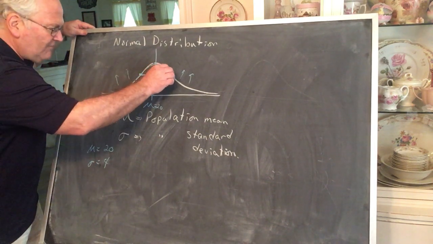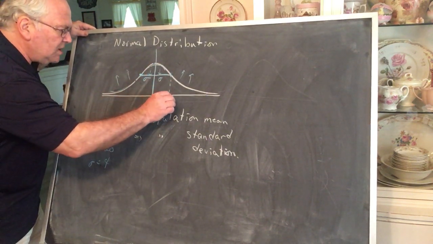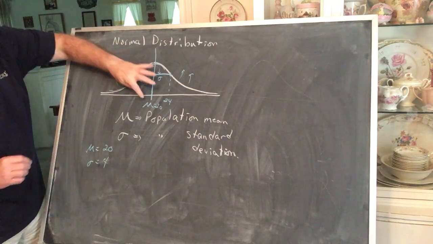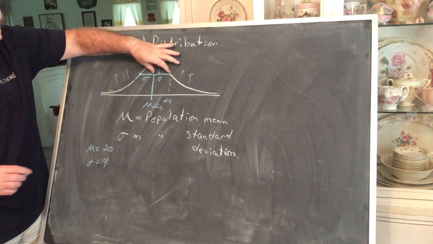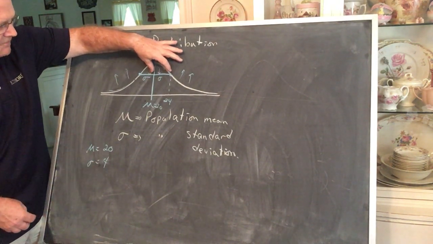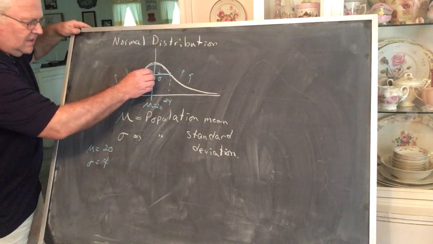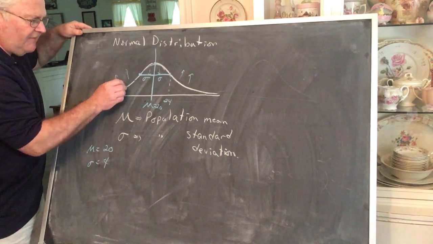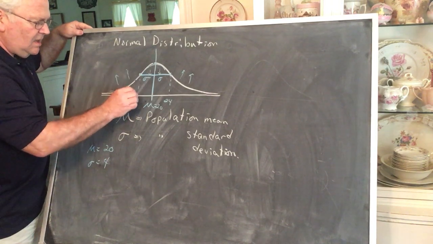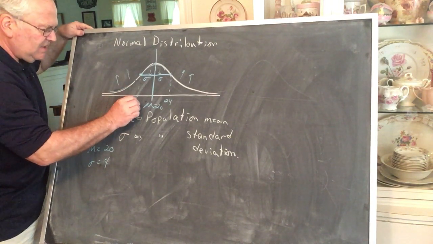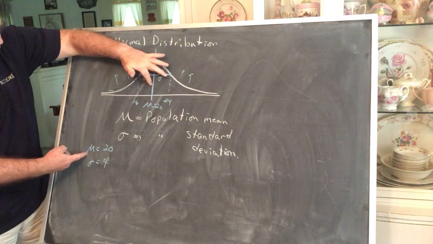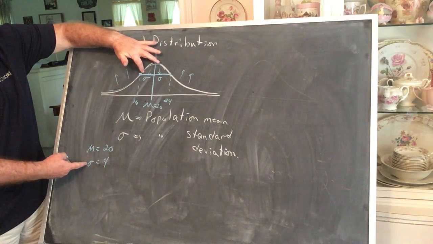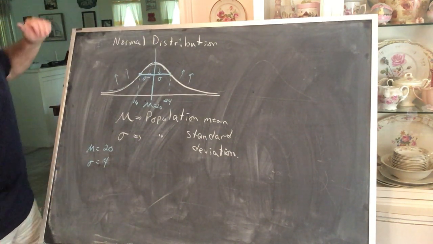And so that value would be 24, the mean plus 1 standard deviation. That's 20 plus 4 is 24. And then the distance to where this changes concavity on the left is also 4 units. So that position would be 16. That's the mean, 20, minus 1 standard deviation, minus 4, is 16.